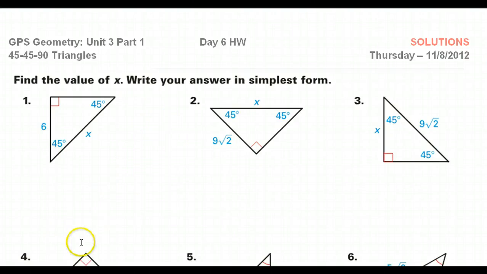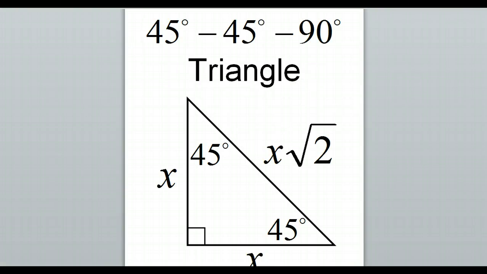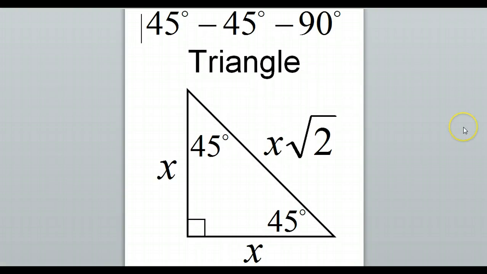Okay, so this lesson is to practice using the pattern of the 45, 45, 90 triangle. And that pattern looks like this. If I have a 45, 45, 90 triangle, we have these legs and we have the hypotenuse, but notice that the legs are always going to be congruent.